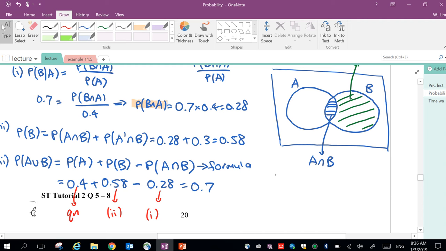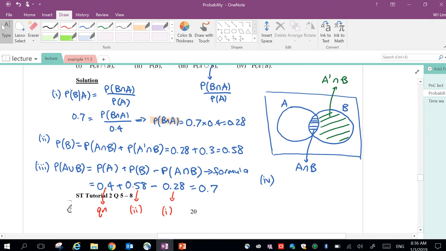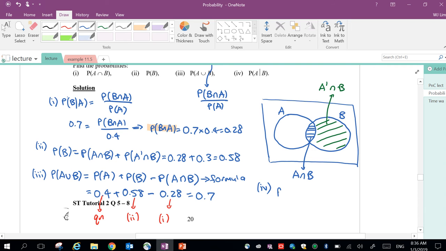I've got part 4, so I'm going to write on the right hand side. Probability A given B. What is the formula?